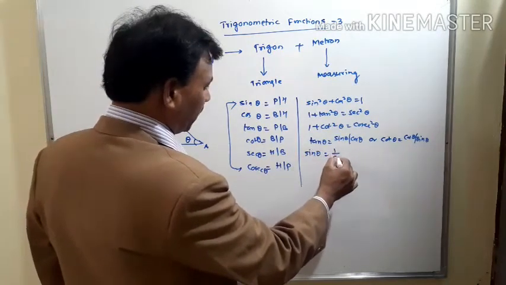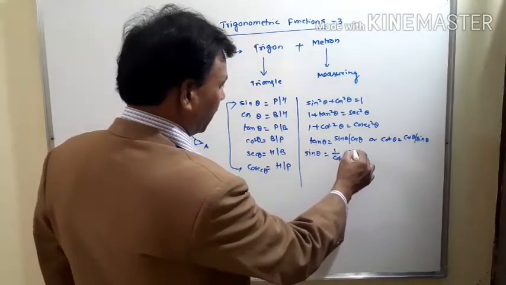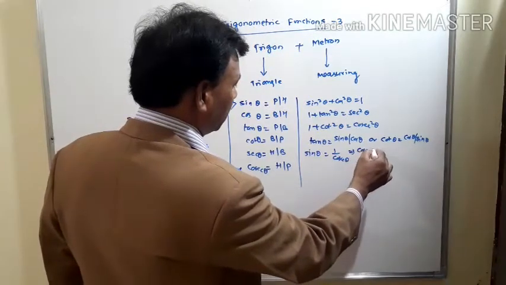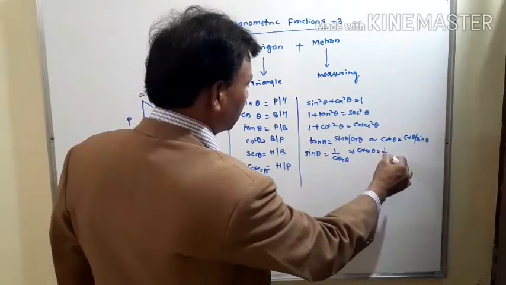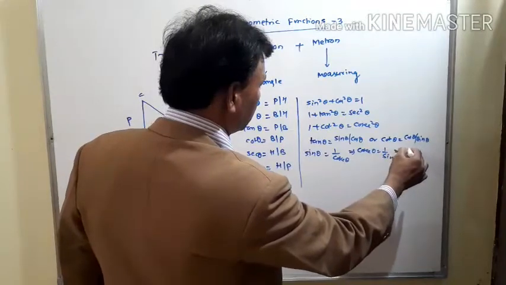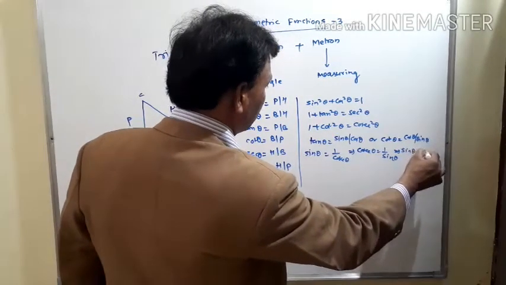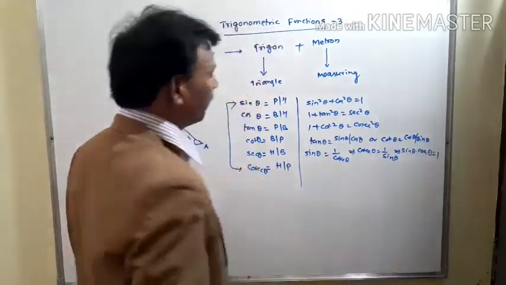sin theta equals 1 upon cosec theta, or cosec theta equals 1 upon sin theta, or sin theta into cosec theta equals 1.